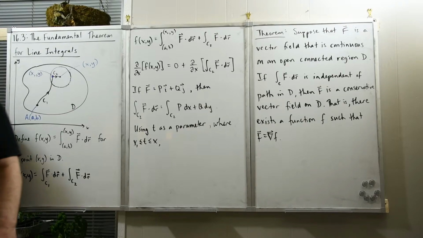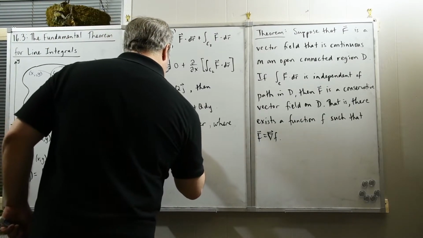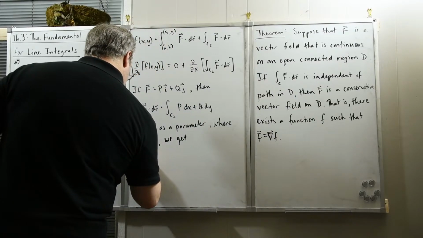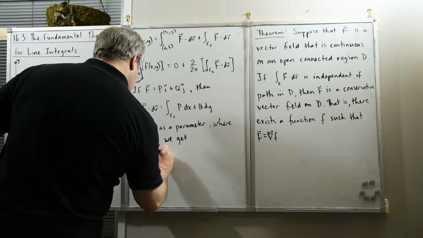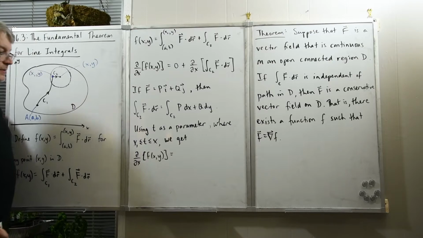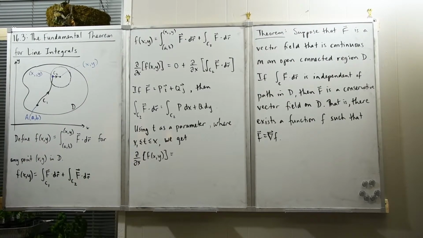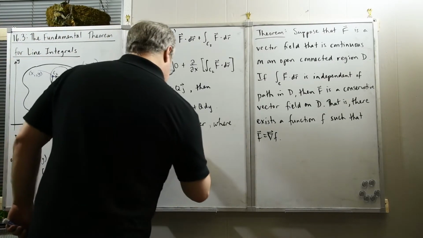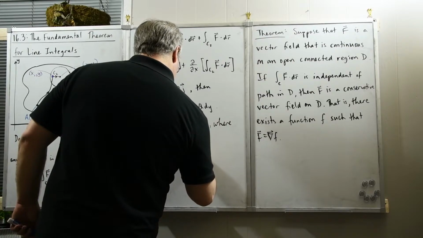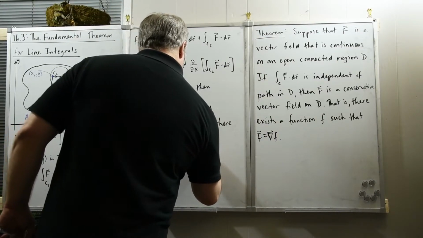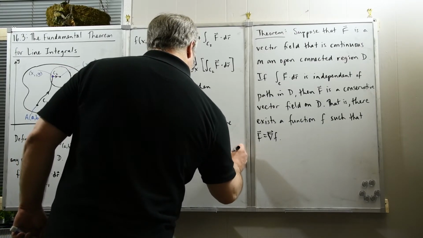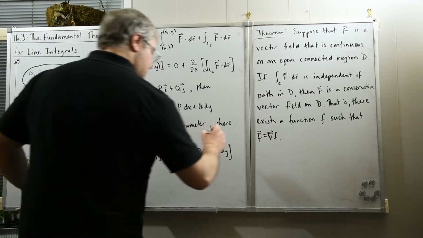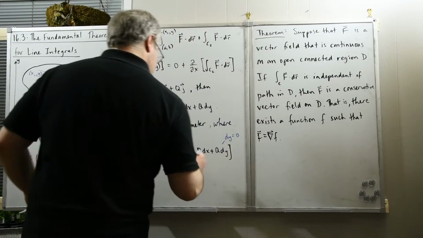What we're going to get is the following. The partial derivative of f of xy with respect to x is going to be the same thing as the partial with respect to x of the line integral p dx plus q dy along C2, but remember, as I said before, dy is equal to 0.